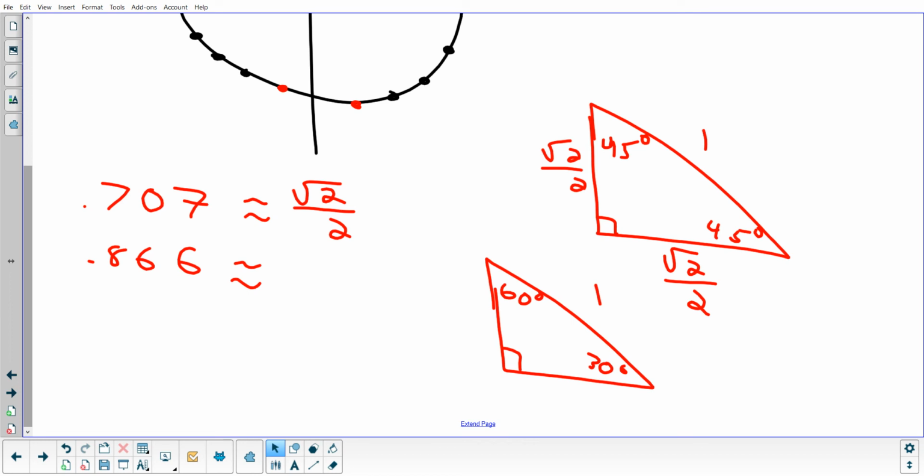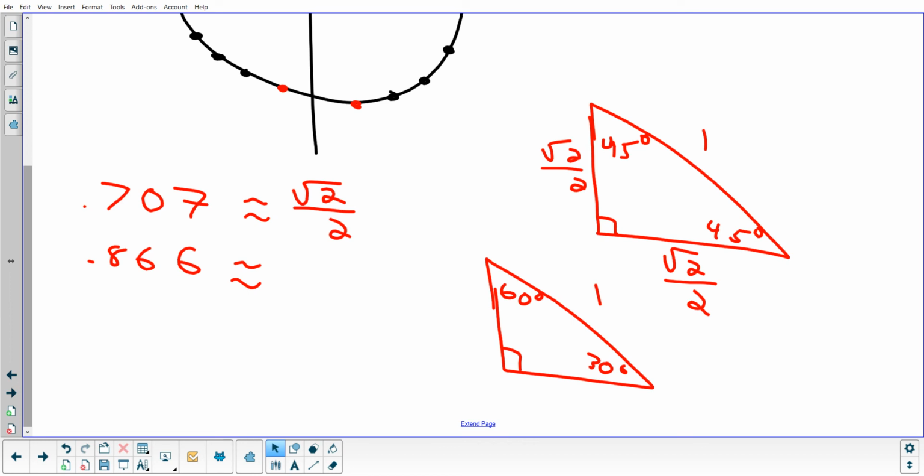But does anyone remember what they were on a unit circle, if the hypotenuse is a 1? How about the side opposite the 30? That was a nice number. It didn't have a square root in it. Yeah? 1.